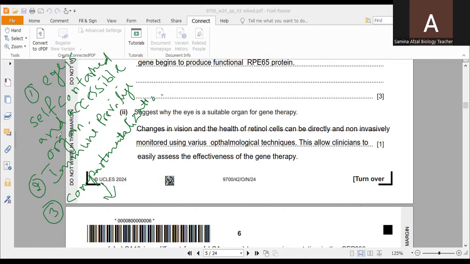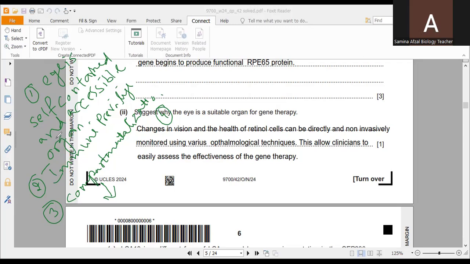You can see I have written the fourth option of the answer: changes in vision and the health of retinal cells can be directly and non-invasively monitored using various ophthalmological techniques. What are these? They are electroretinography, visual acuity tests, or optical coherence tomography.